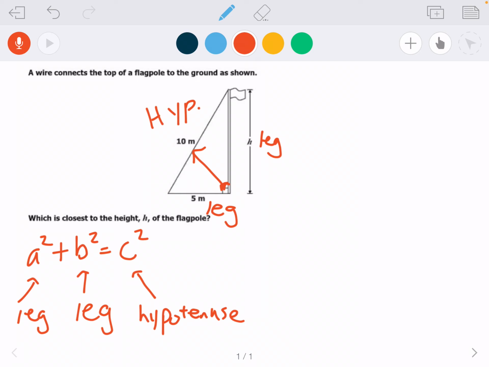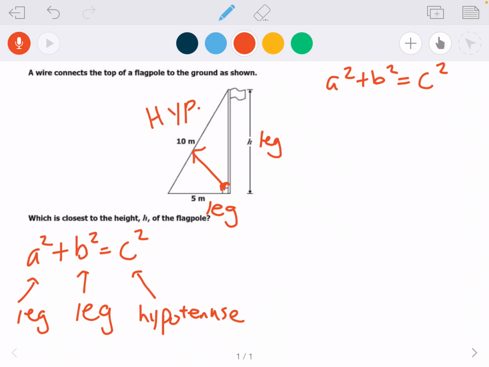When we're solving for a missing leg or hypotenuse, we need to make sure that we plug in the two lengths that we know in the right spot. So our 5 is one of our legs. We can't plug in the 5 for C, that's the hypotenuse.